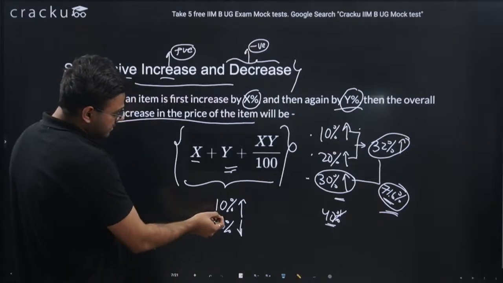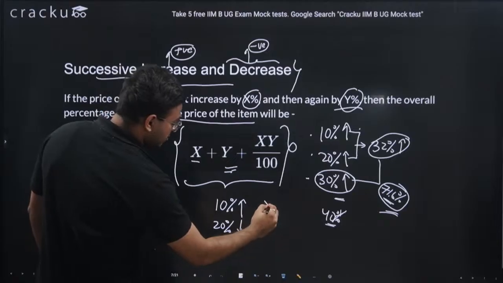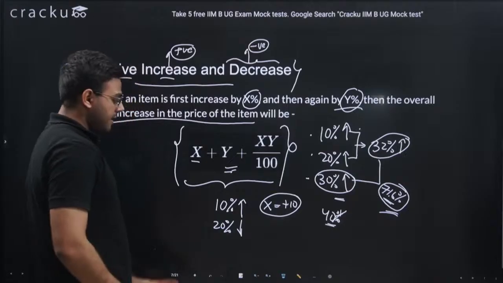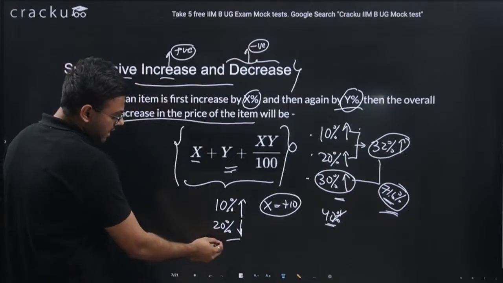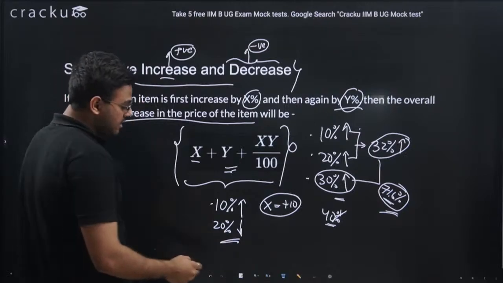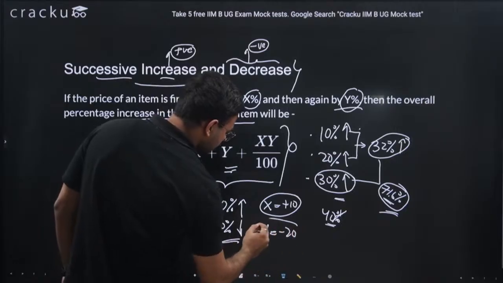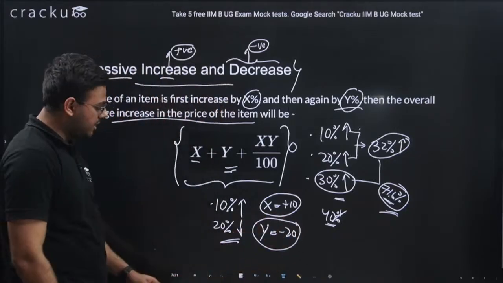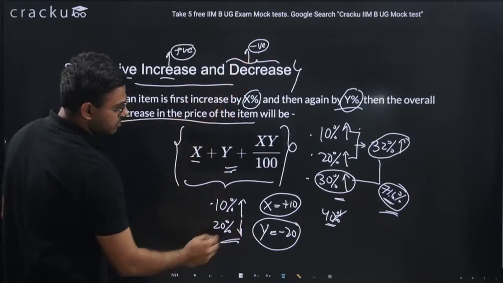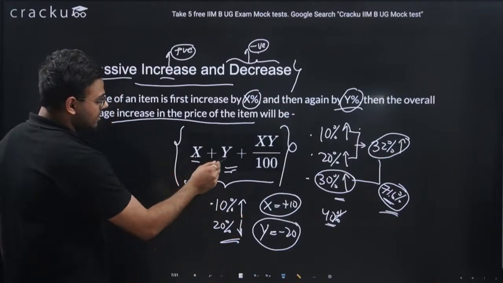So x = +10 for the 10% increase, and for the 20% decrease after it, y = -20, because a decrease represents a negative value.